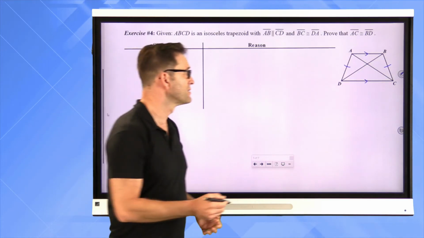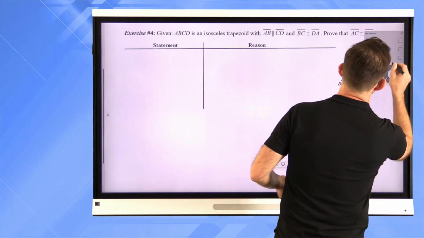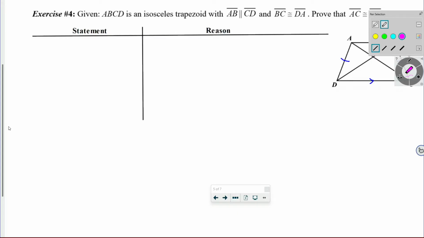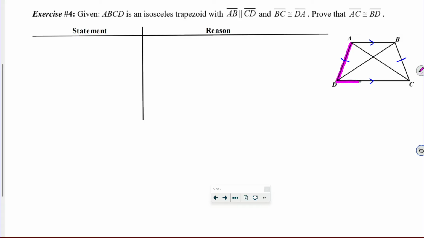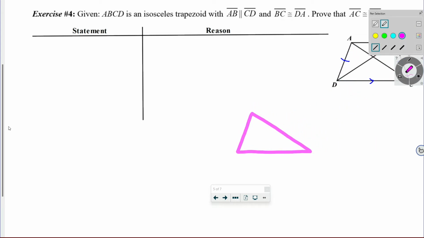Which two triangles am I going to try to get congruent? Let me use a highlighter really quick, because that's always helpful. If I take a look at this triangle, and let me move it out here, and then take a look at a triangle that I highlight in a different color, this particular triangle, all right?